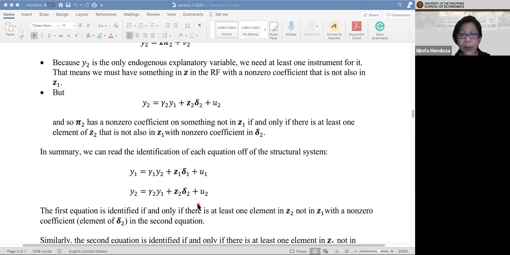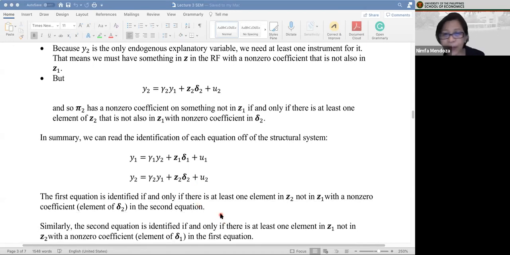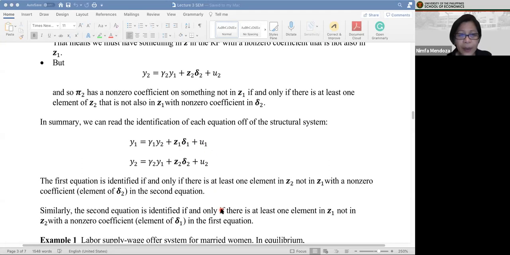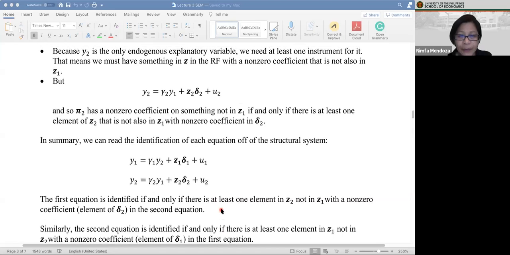In summary, we can read the identification of each equation of the structural system, okay? So the first equation is identified if and only if there is at least one element in C sub 2, not in C sub 1, with a non-zero coefficient in delta sub 2 in the second equation, okay?